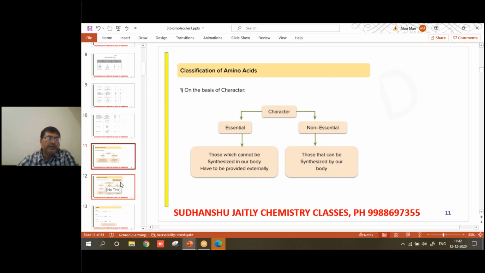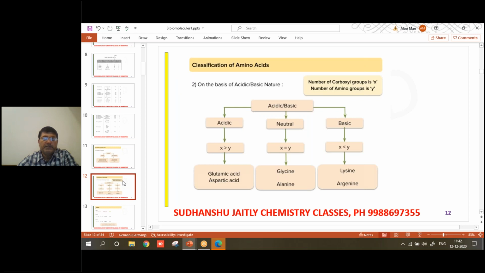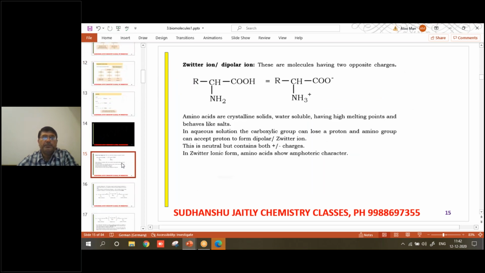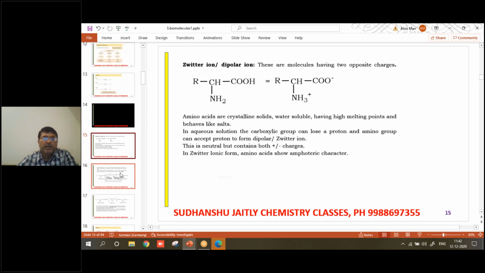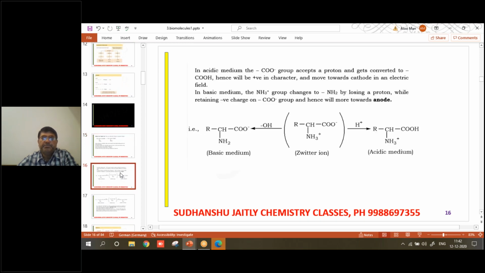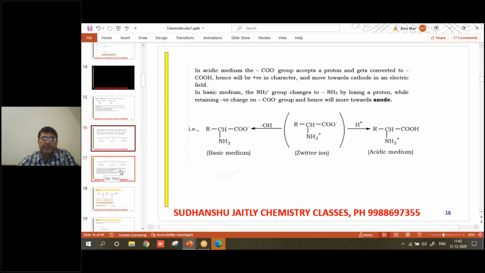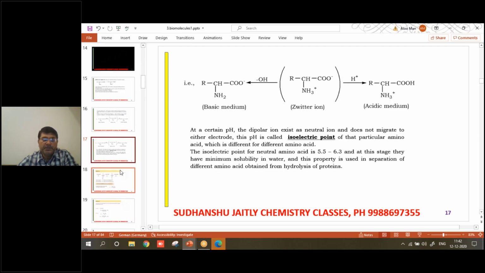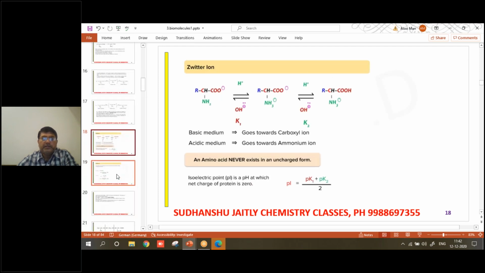पहले essential करो, फिर non-essential करो. Amino acid are classified on the basis of character, essential, non-essential, acidic, basic, or neutral. You remember isoelectric point, it is the pH at which the particular amino acid neither moves towards cathode or anode, right?